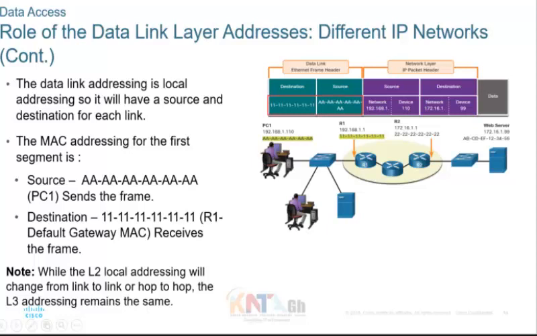Now, while the layer 2 local addressing will change from link to link or hop to hop, the layer 3 addresses will remain the same, because at layer 3 you have the router's addresses, and they will remain.